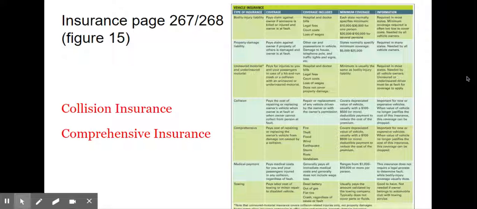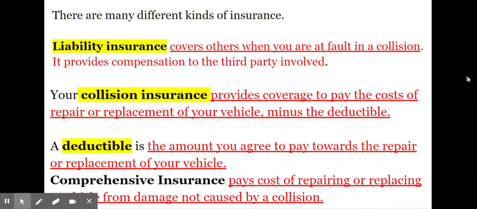That's what comprehensive is going to cover. There are different kinds. We just said liability insurance, other people. Collision is going to pay the cost of your repair or replacement of your vehicle minus the deductible.